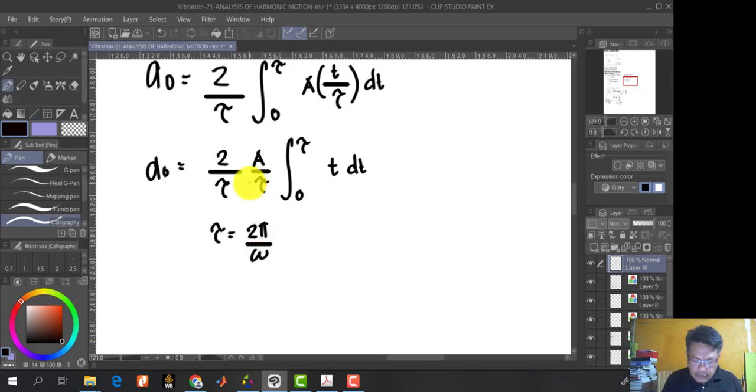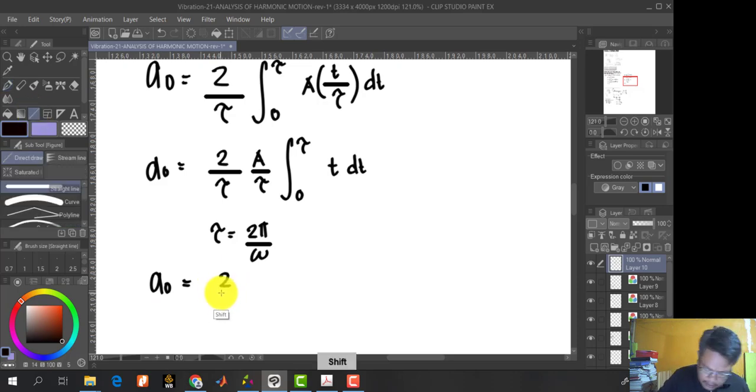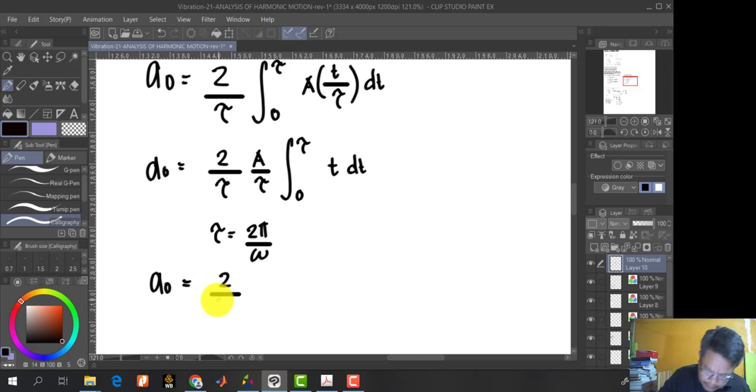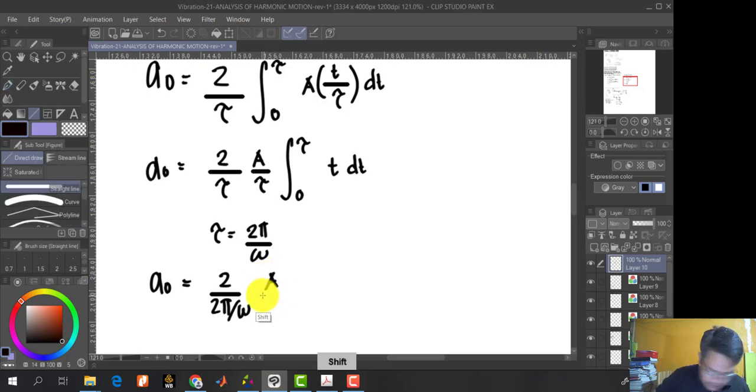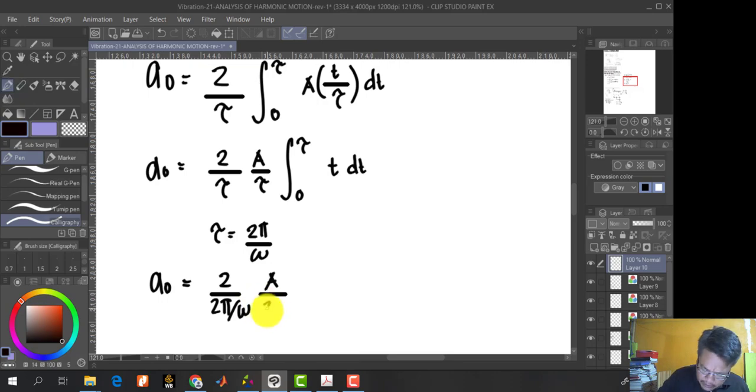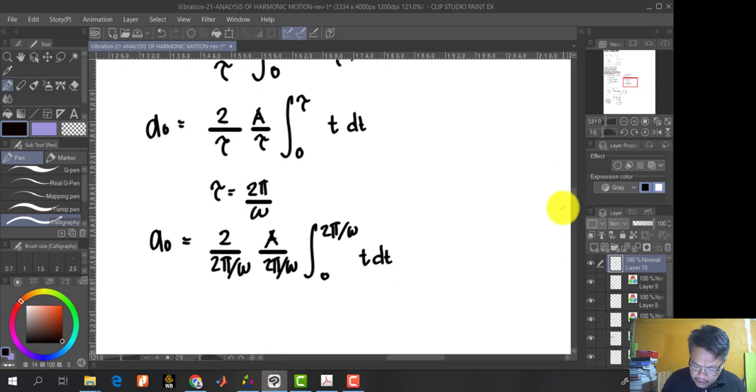So I can express this equation, so I can rewrite here: my a sub o will be 2 all over 2 pi over your w, and again, we have your amplitude on the other side, all over 2 pi over your angular velocity. Then this one, I can rewrite as a, 2 pi over my angular velocity from 0, and this is t dt.